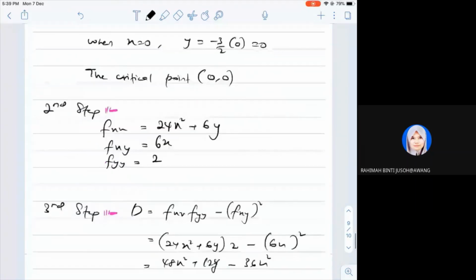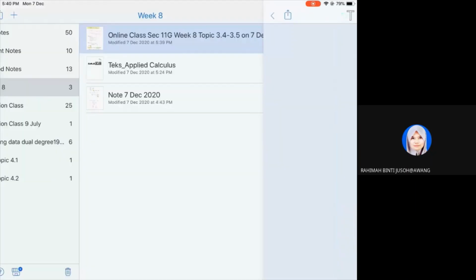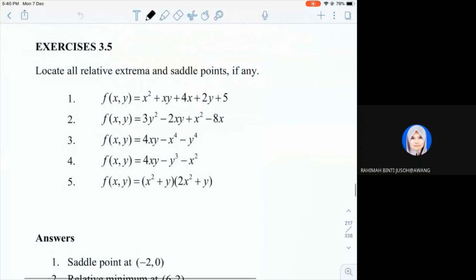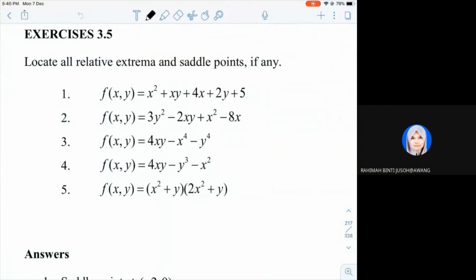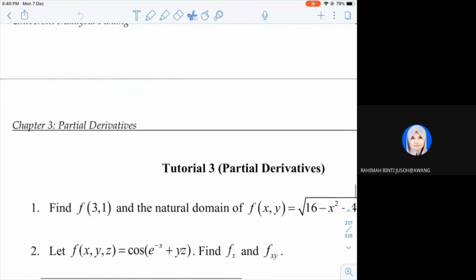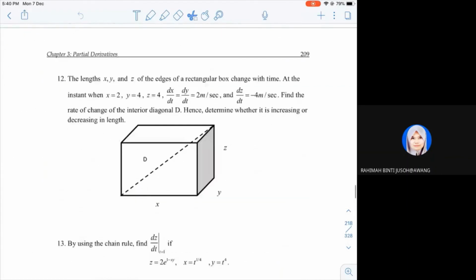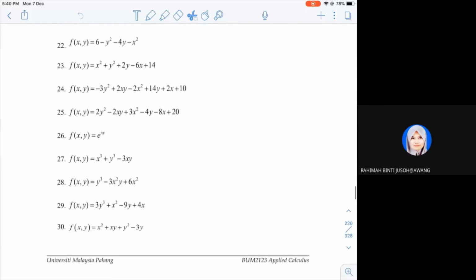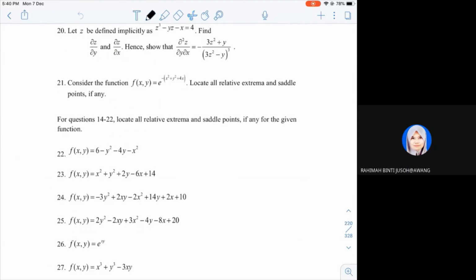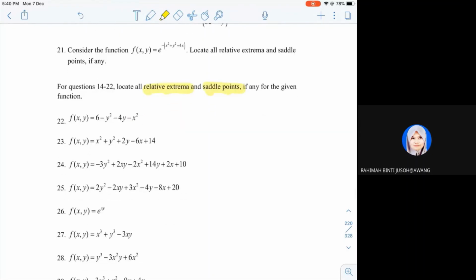Okay, senang sangat soalan ni. Tengok balik soalan tadi yang mana lebih susah. I think question number 3. Dalam video dah ada belum soalan nombor 3 ni? Sudah. Dah ada? Okay, so kita tengok tutorial lah. Tutorial, kita tengok tutorial question. Ni, relative extrema, saddle points.